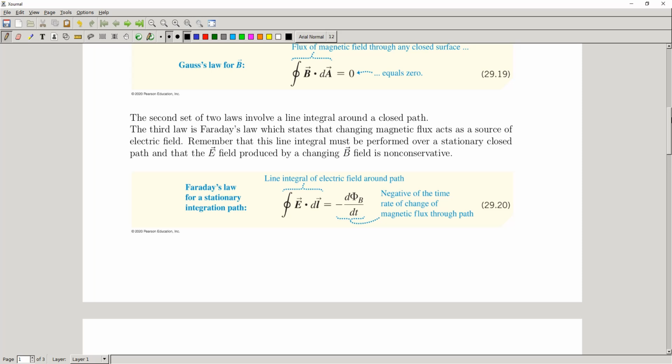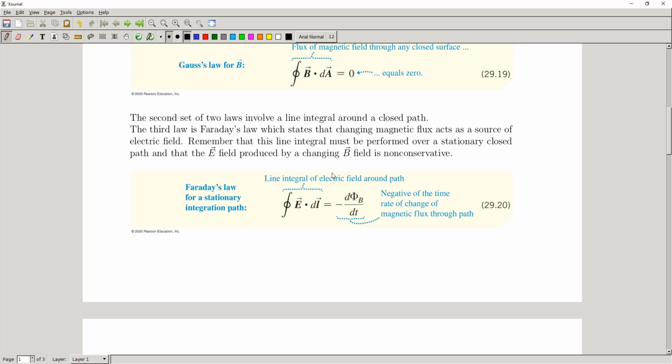We also have to remember that the electric field produced by this changing magnetic field is a non-conservative electric field, so there's some distinction to be made there.